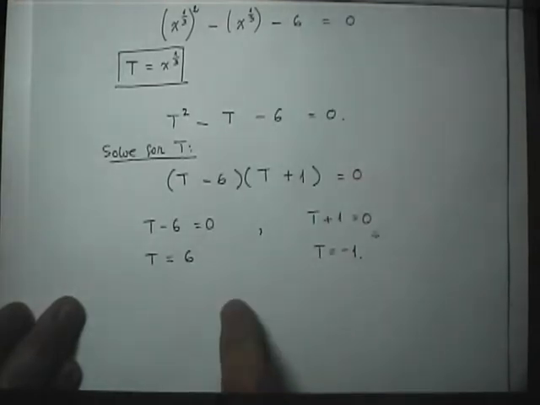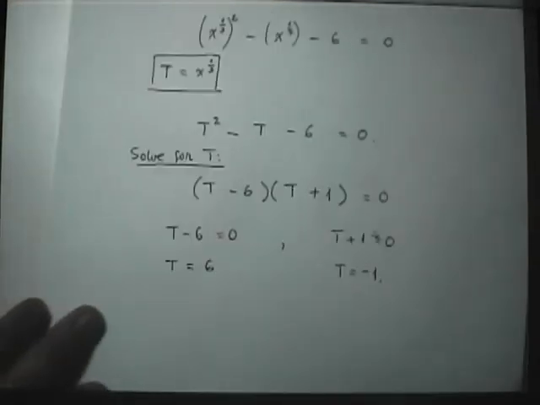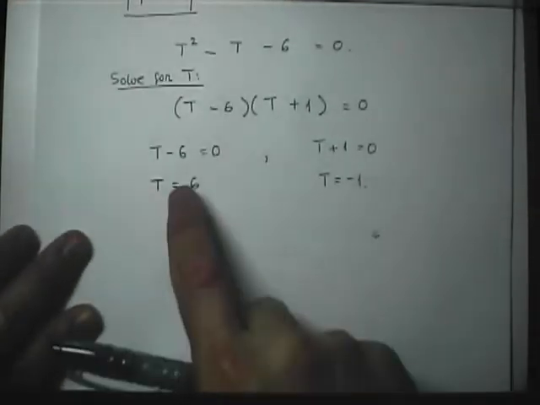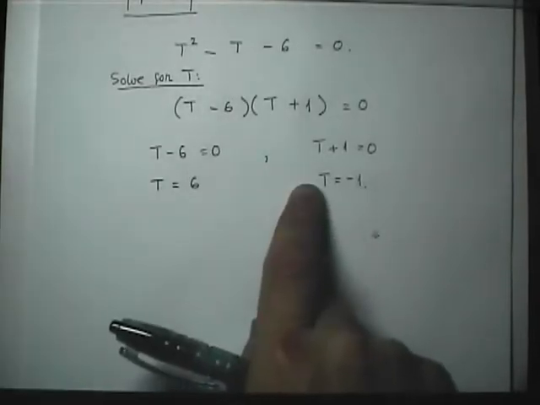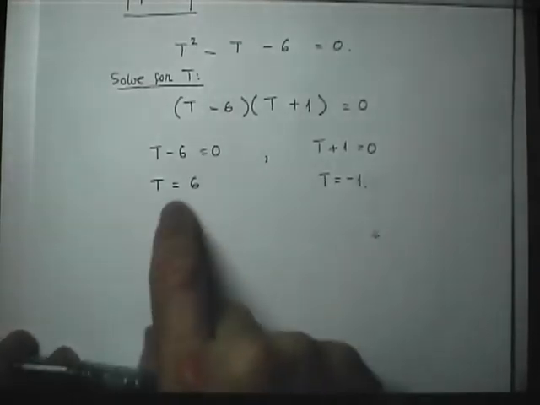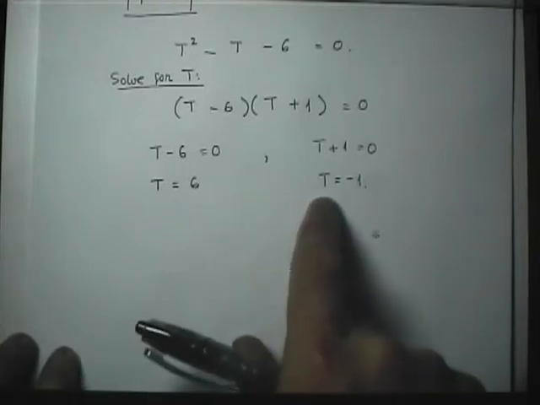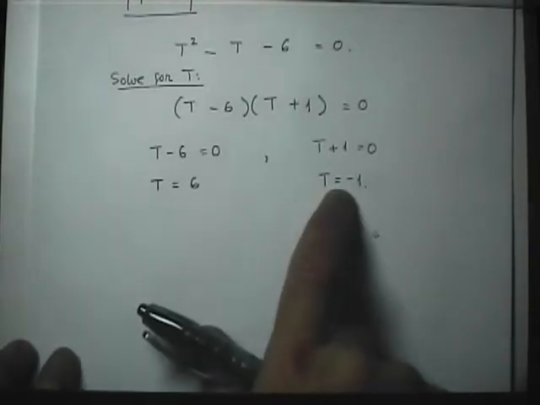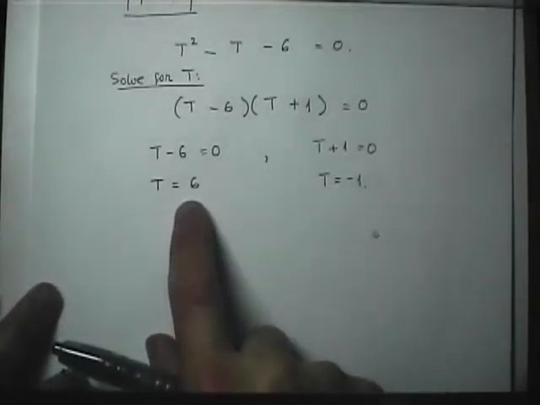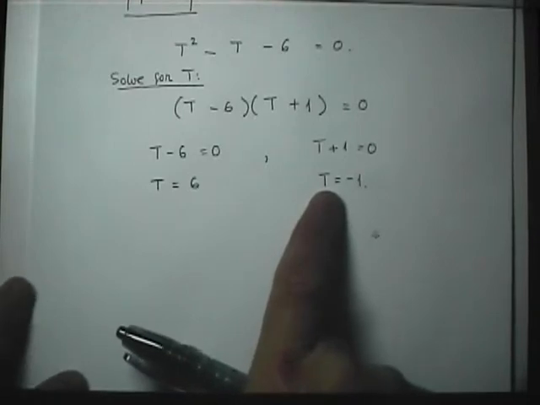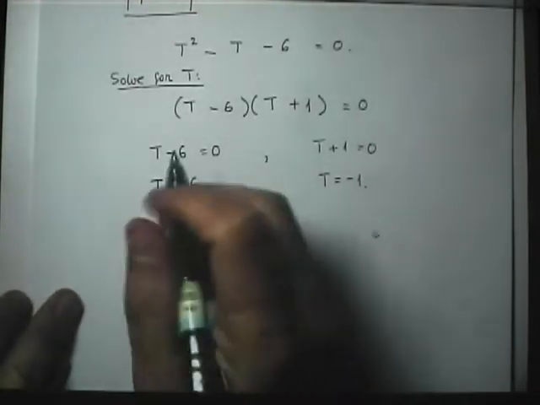And once again, please keep in mind that we are solving for x, not for t. So here are not our final answers yet. t equals 6 and t equals negative 1 is not the answer to the problem. So I need to move further.